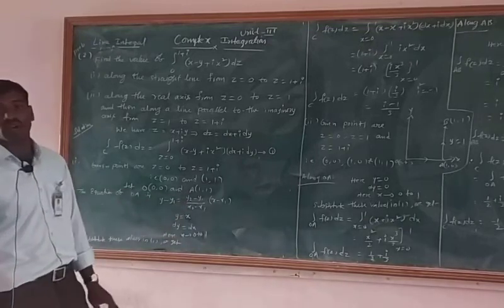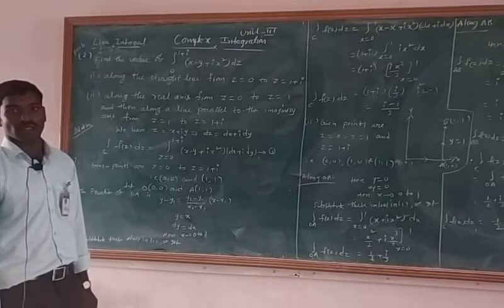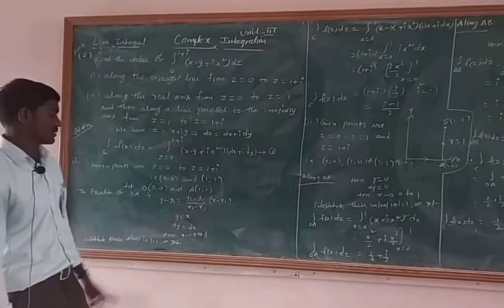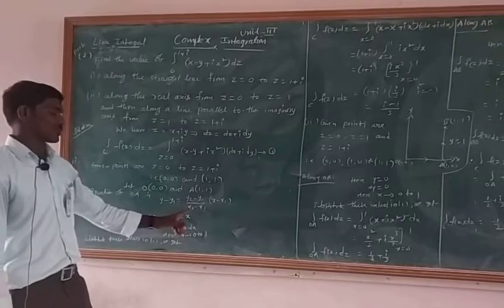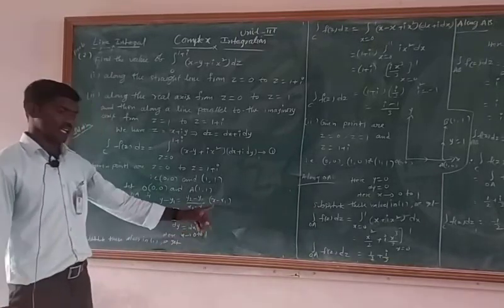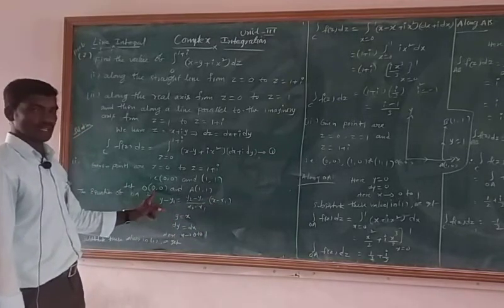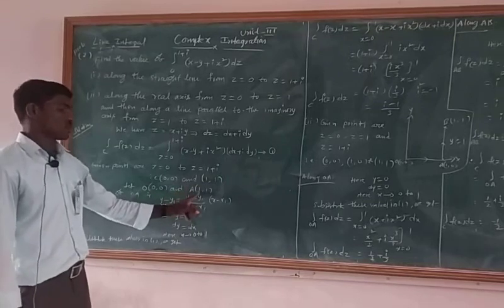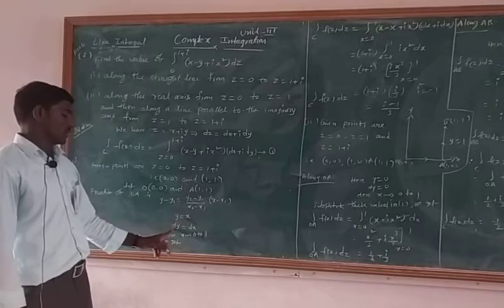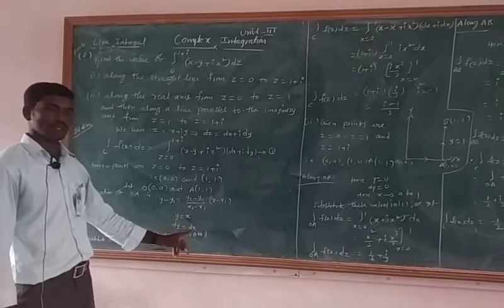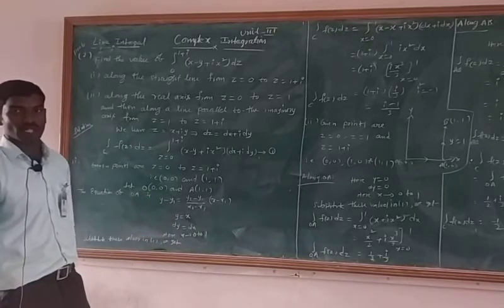The equation of OA, that is the equation of the straight line passing through the 2 points, is y minus y1 equals (y2 minus y1) by (x2 minus x1) into (x minus x1). Now I have to substitute x1 comma y1, x2 comma y2 in this formula. We get y equals x. Differentiating, dy equals dx.